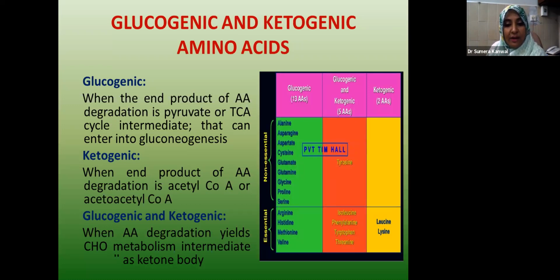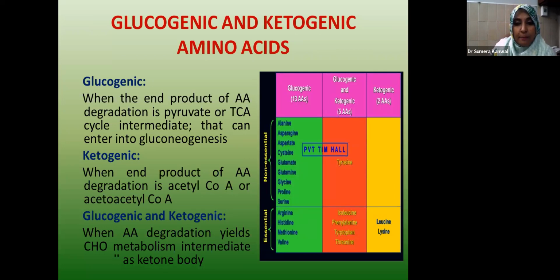And the 4 essential amino acids, isoleucine, phenylalanine, tryptophan and threonine. They are glucogenic as well as ketogenic. We have a total of 2 amino acids and they are both essential amino acids, leucine and lysine. They are ketogenic amino acids because their end products are acetyl-CoA and acetoacetate.